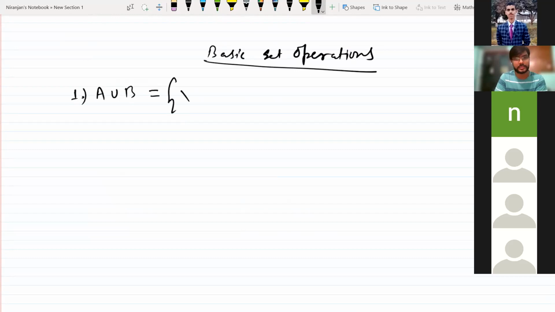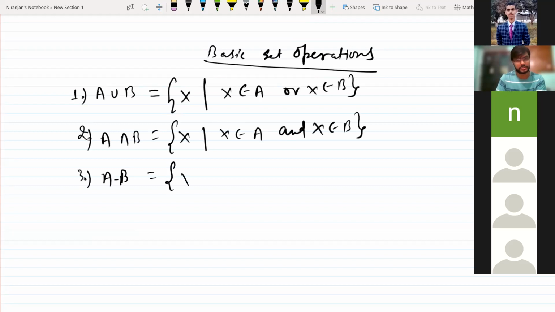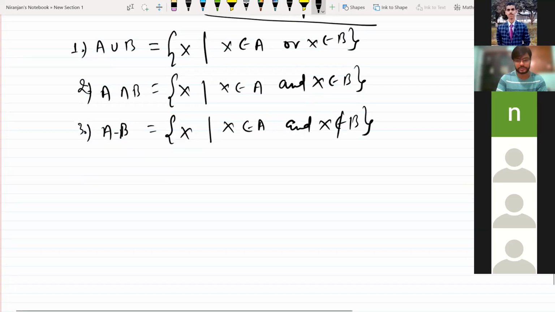So I'm saying all X such that X belongs to A or X belongs to B. A intersection B: all X such that X belongs to A and X belongs to B. And the third one is A minus B: all X such that X belongs to A and X does not belong to B. That's it. Let's take an example and do it quickly.